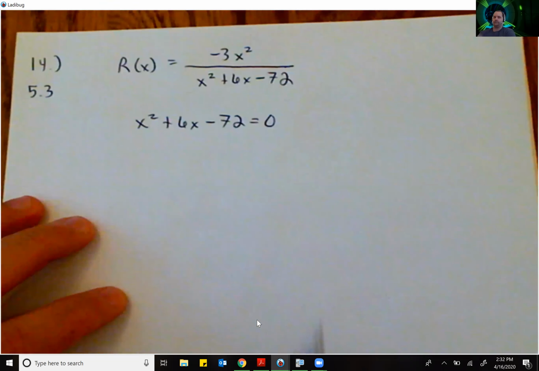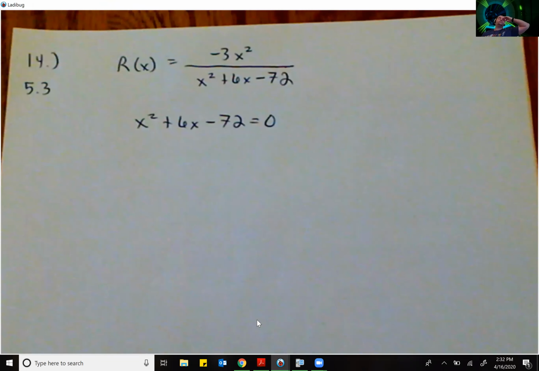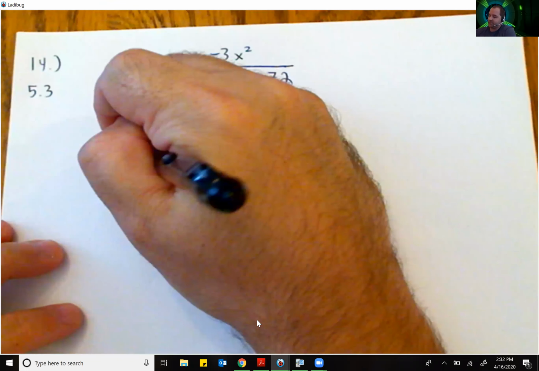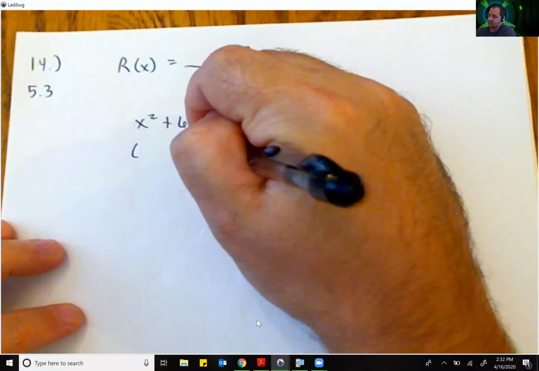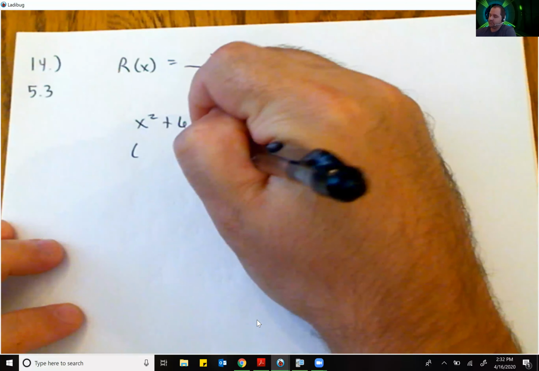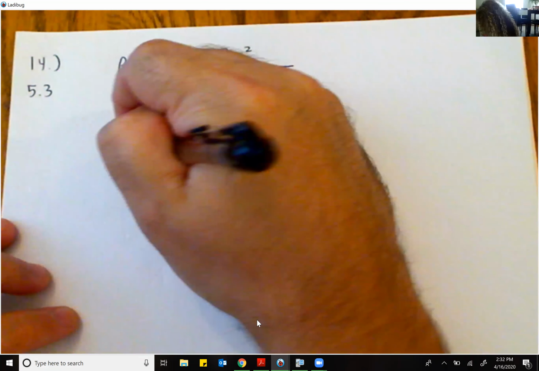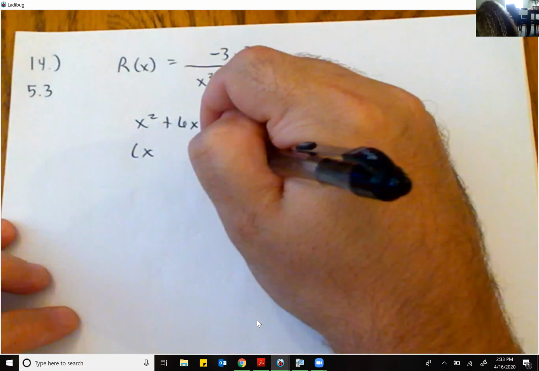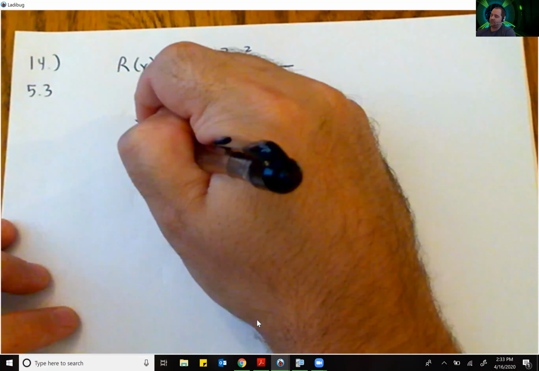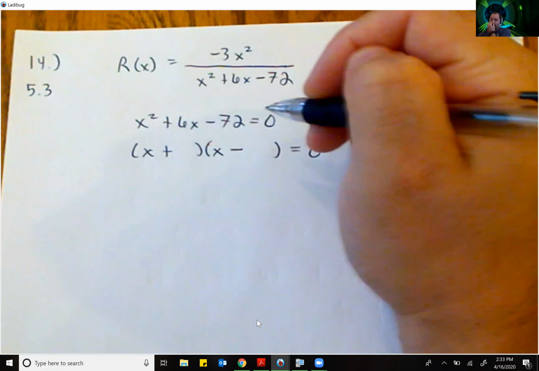What are we going to do now? Factor it. That's right. So this thing factors with x, one's going to be positive, one's going to be negative.